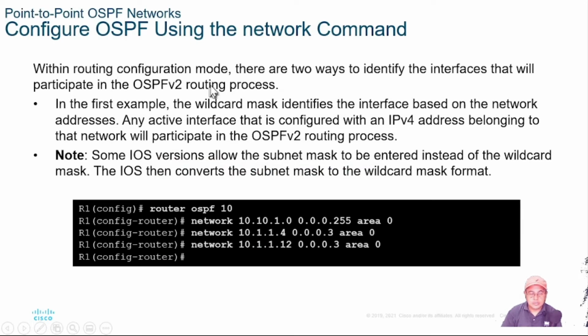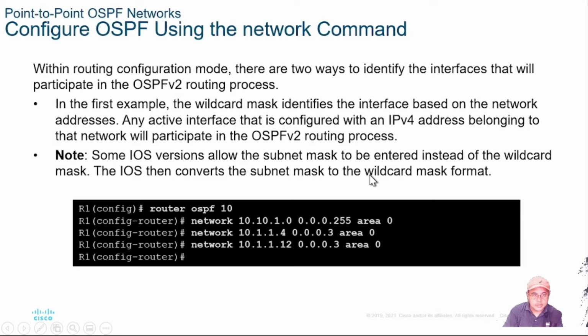So within routing configuration mode, under the network command, there are two options. Either you use network and then the wildcard mask and area 0. This is the first option.